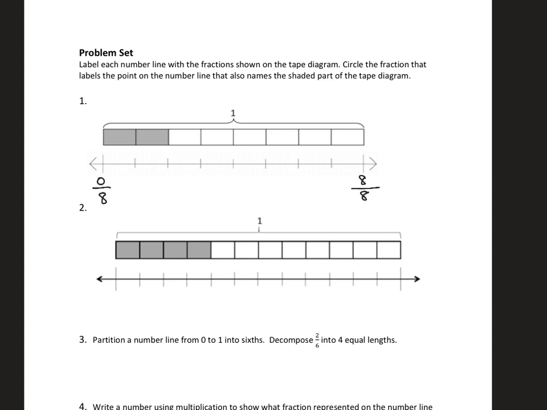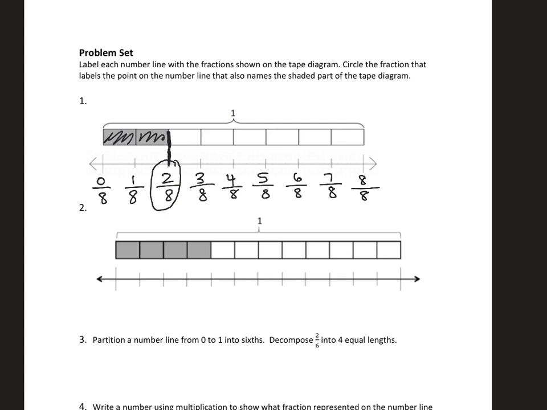So now I'm just going to label my number line 1/8, 2/8, and so on. Okay, and as you can see where I have 2/8 shaded in, it is lined up with 2/8 on the number line right there. Okay, and it just wants us to circle that fraction, so I'm going to circle 2/8.